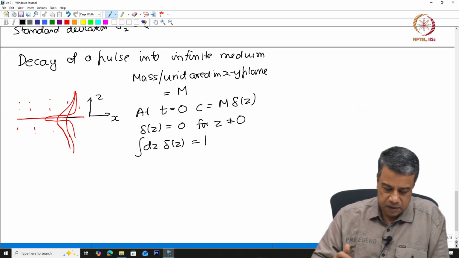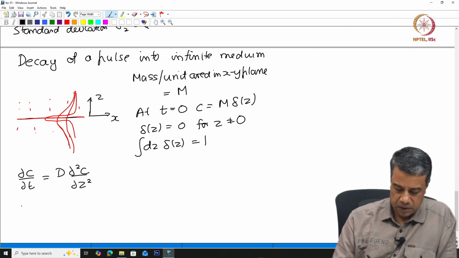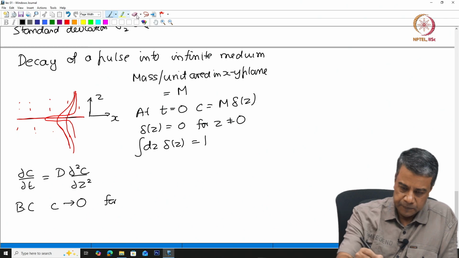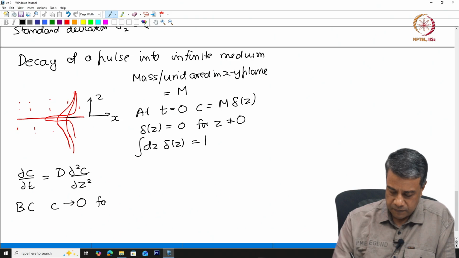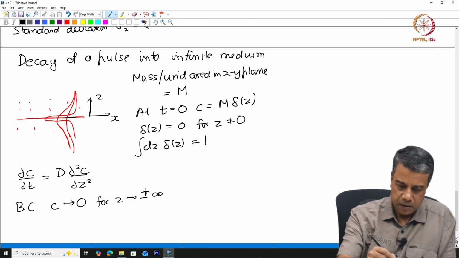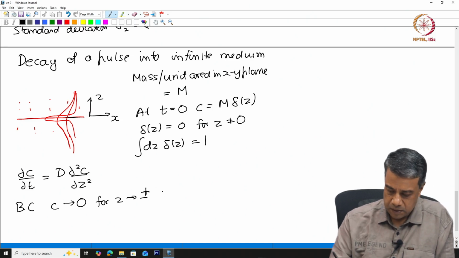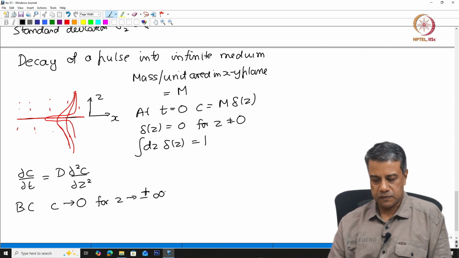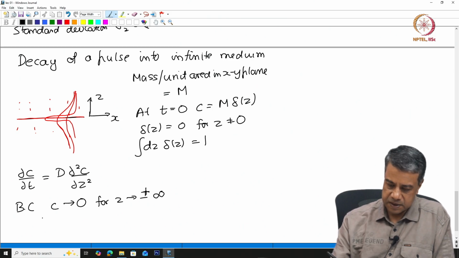So, we had to solve the concentration equation, partial c by partial t is equal to d partial square c by partial z square, with the boundary conditions c goes to 0 for z going to plus or minus infinity, and this integral condition has to be satisfied for all time.